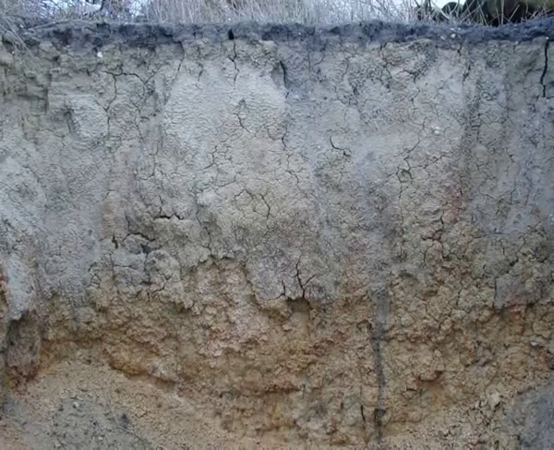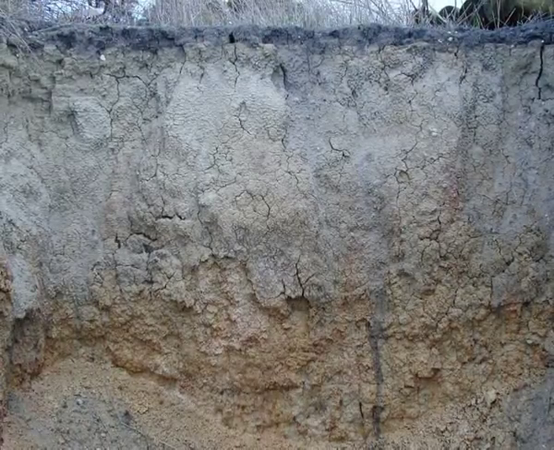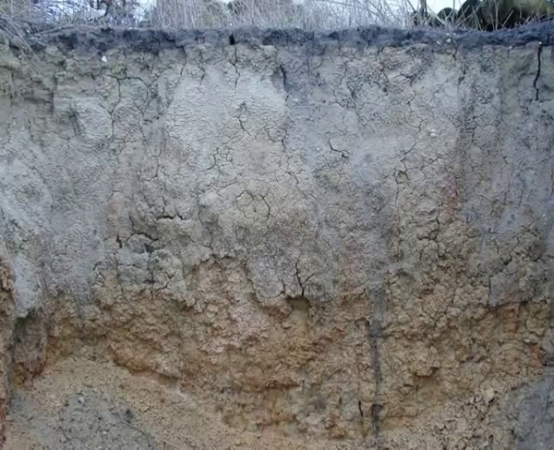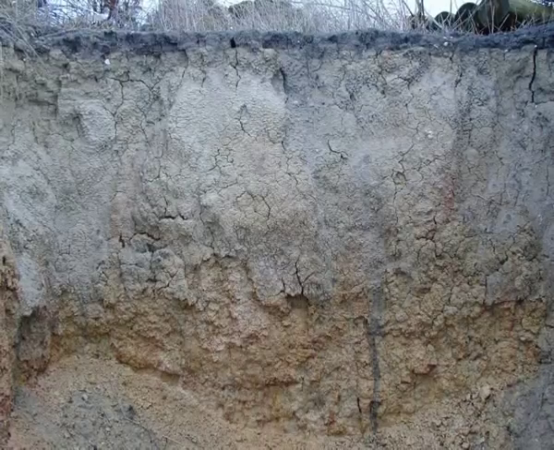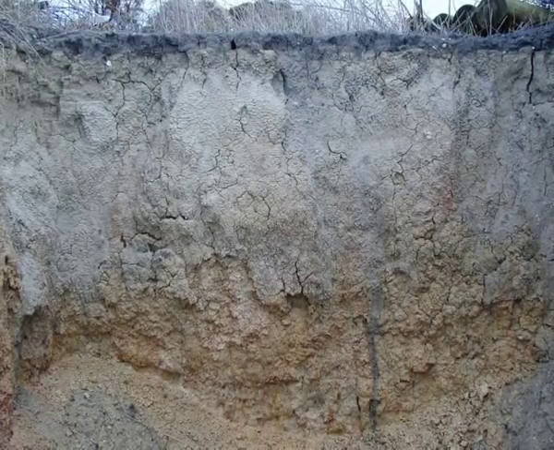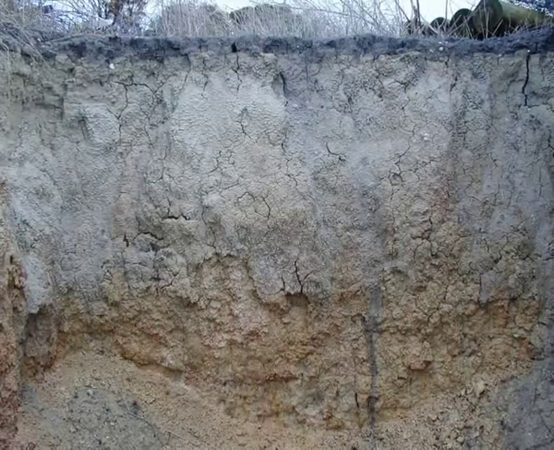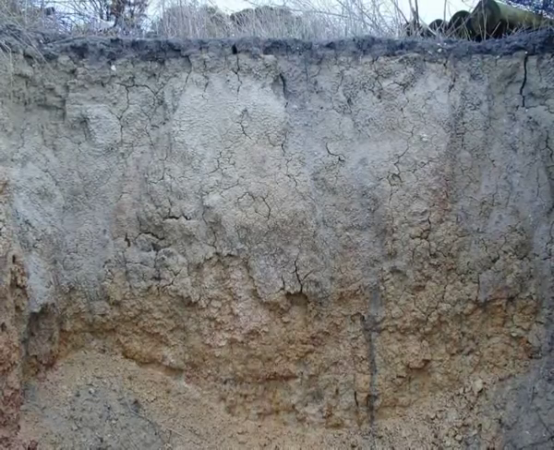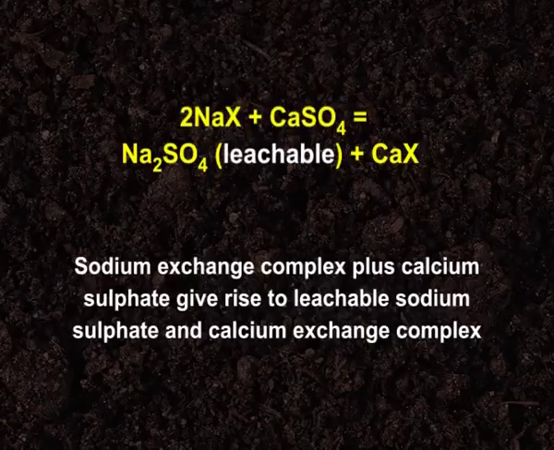Much of the dispersion can be eliminated if calcium ions or magnesium ions are concentrated in the water, which is used to leach the sodium. These calcium and magnesium ions can replace the sodium on the exchange complex and the salts of sodium are leached out. Sodium exchange complex plus calcium sulfate gives rise to leachable sodium sulfate and calcium exchange complex.